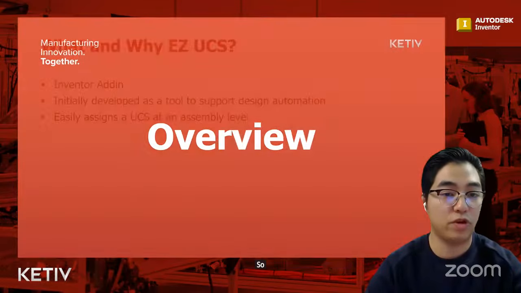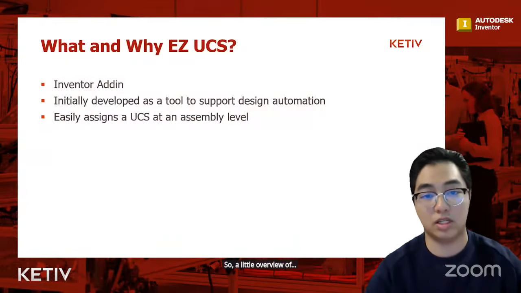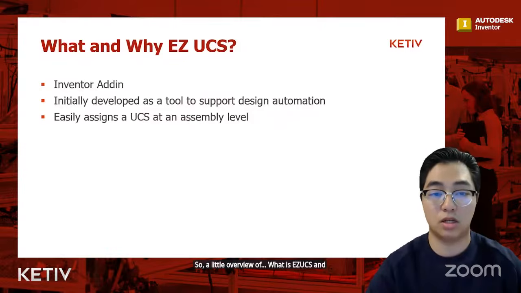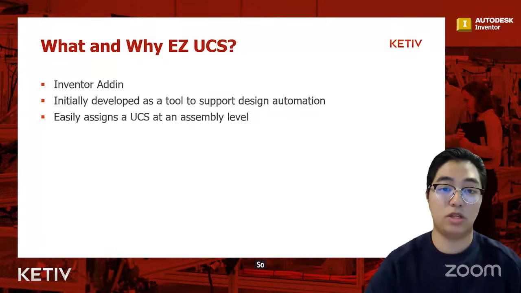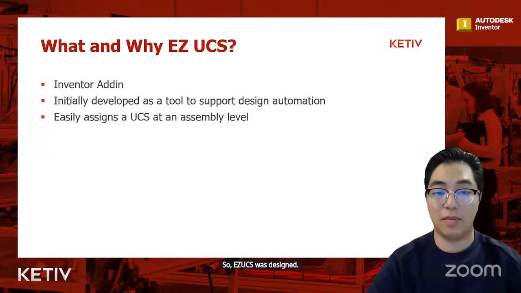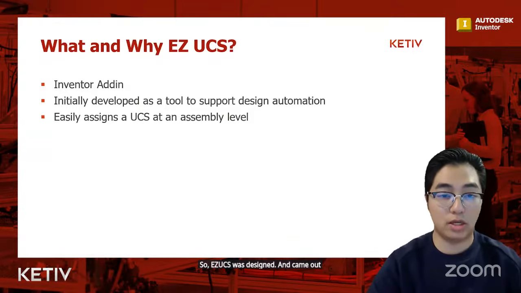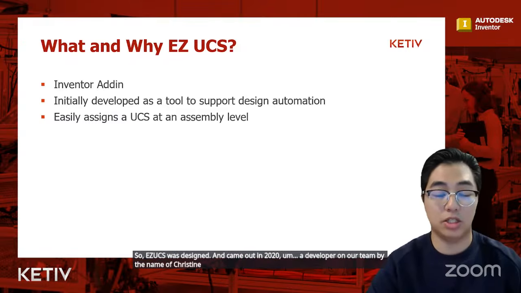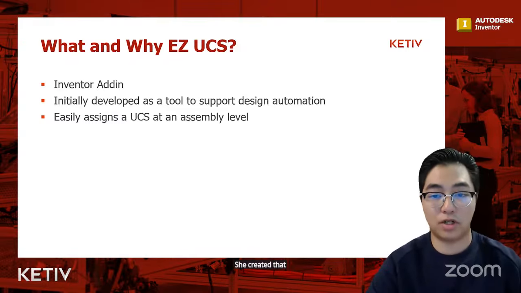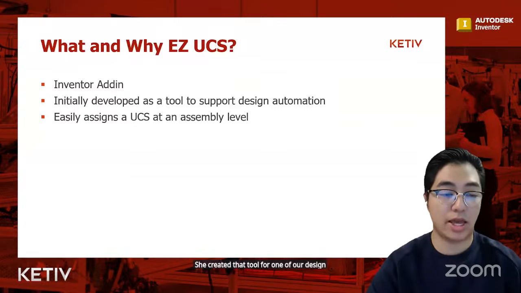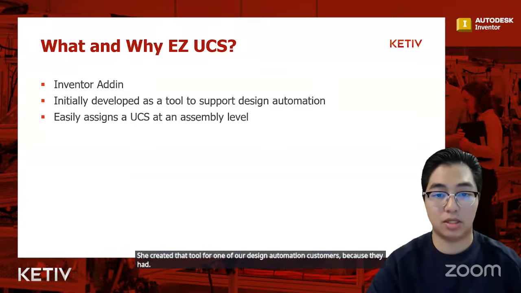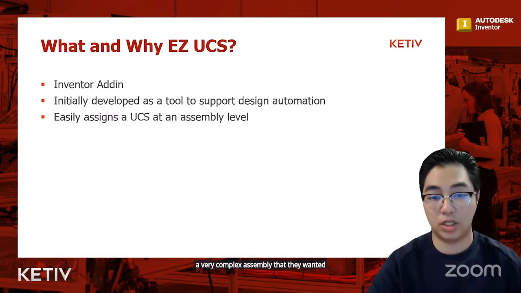So a little overview of what is EZ-UCS and why EZ-UCS. EZ-UCS was designed and came out in 2020. A developer on our team by the name of Christine Bonney created that tool for one of our design automation customers because they had a very complex assembly that they wanted to reuse for automation.